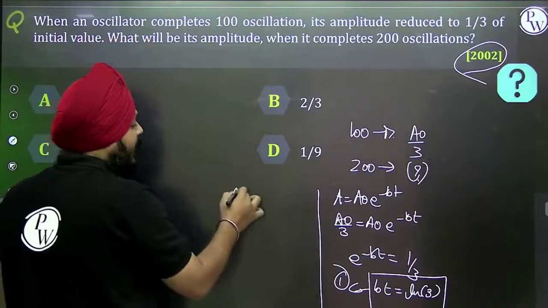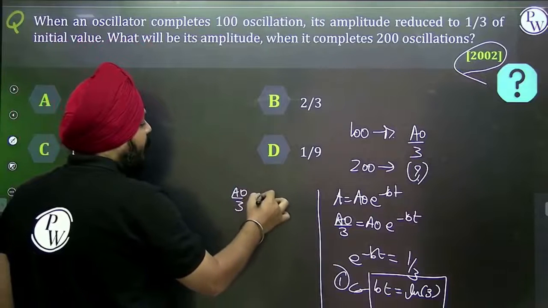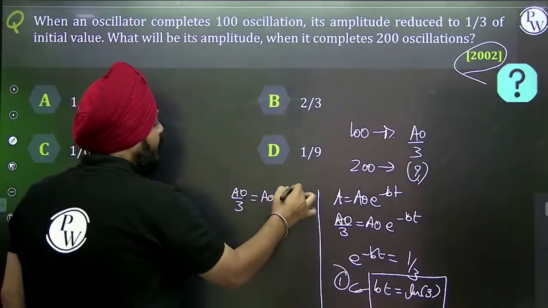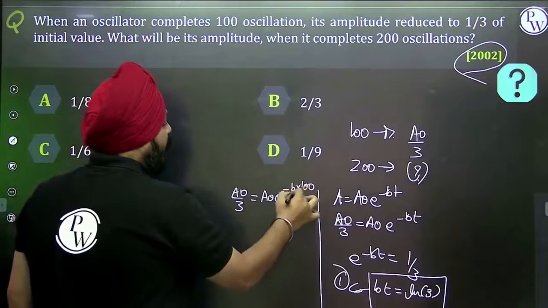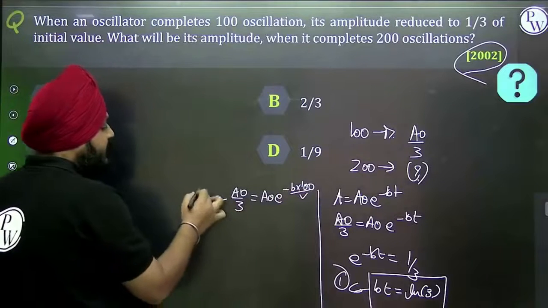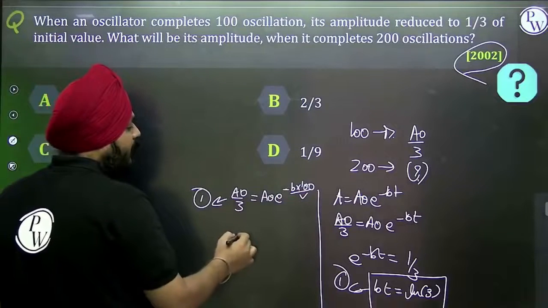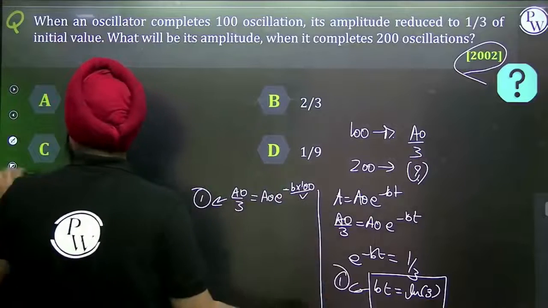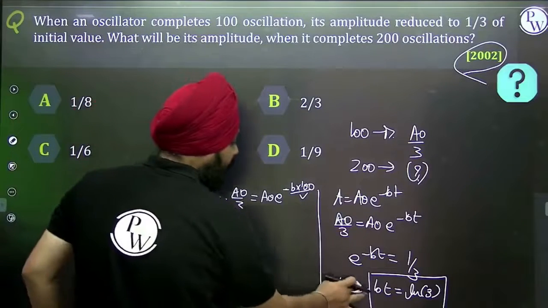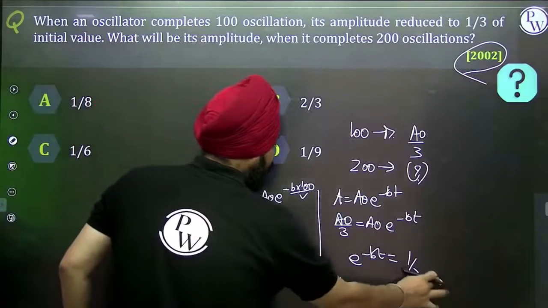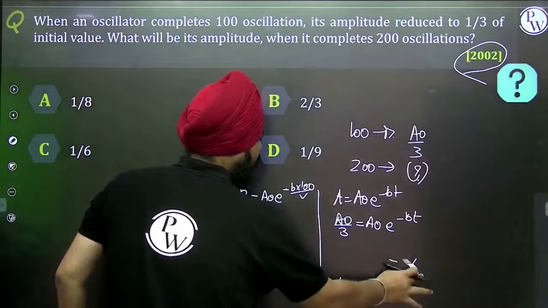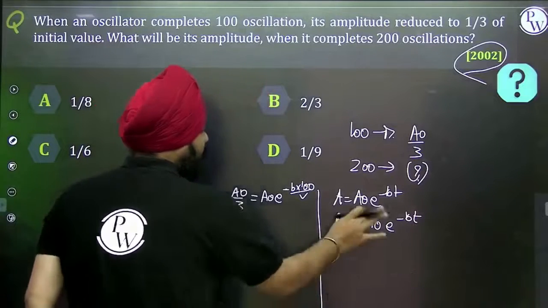First of all, can I say A0/3 = A0 e^(-b·100/v)? Can I consider this as equation number 1? This much is enough.